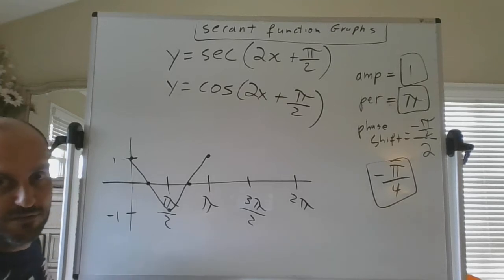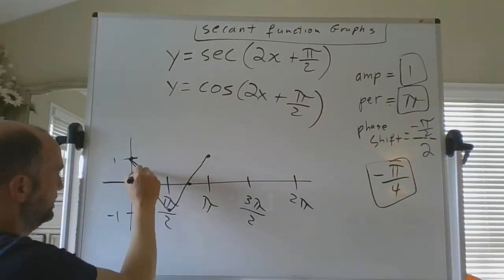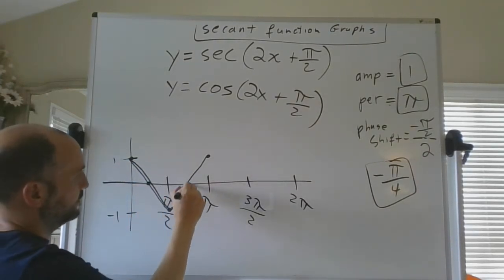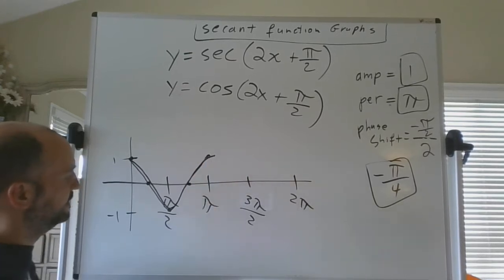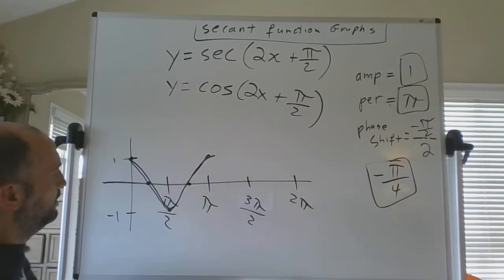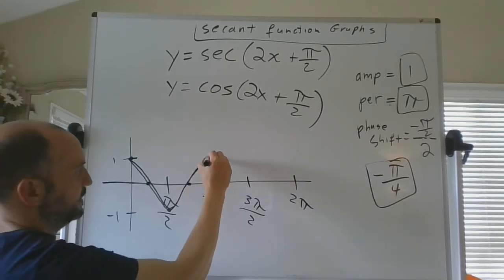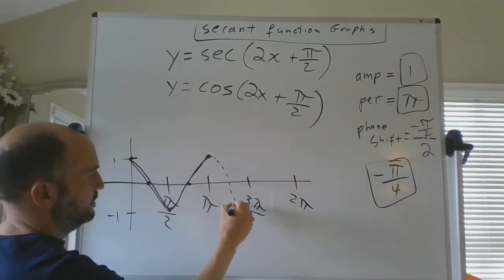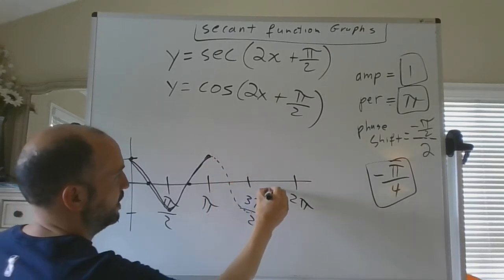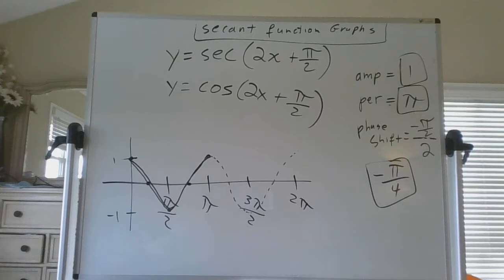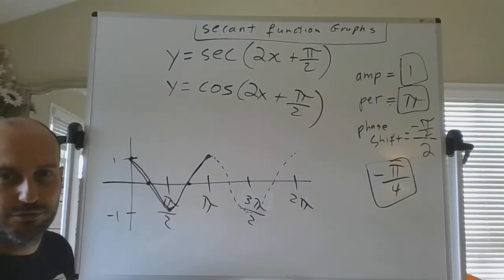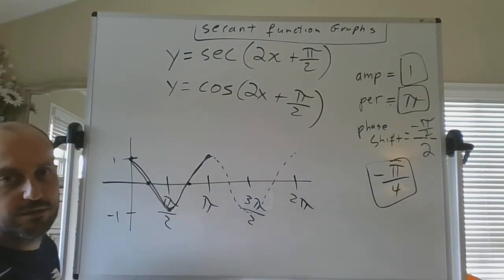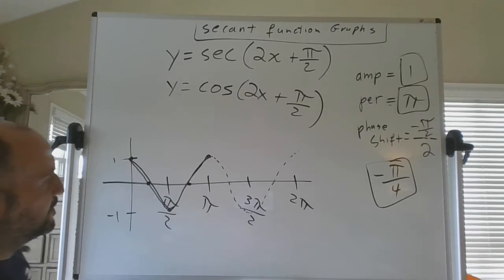So it's got a period of pi here. It's going down here, and then back up again. Let me just make sure. Yeah, that looks good to me. And then it's going to repeat again. It's going to go down here, up again. So it's just going to repeat that over and over again. So you see the period right there. It's going to be a period of pi.